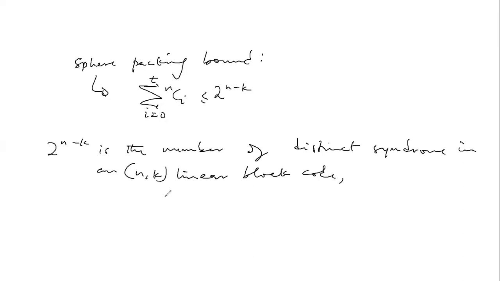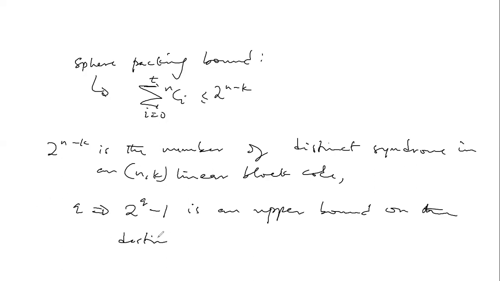Now, for simplicity, we often consider codes where the number of parity bits q is such that 2 to the power of q minus 1 is an upper bound on the distinct number of syndromes.